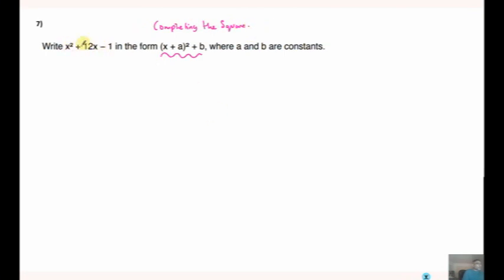Okay, if I want to write this in a completed square format, first of all, let's think about what's happened here. If you've got x plus something squared, just to give you a few examples, if I tried x plus 1 squared, when expanded out, that would give me x squared plus 2x plus 1. If I did the same thing for x plus 2 squared, that would be x squared plus 4x plus 4.